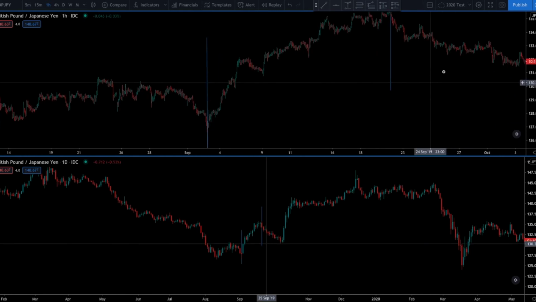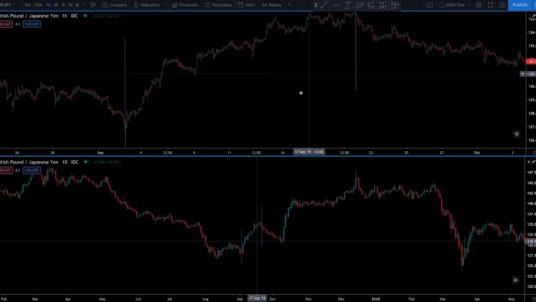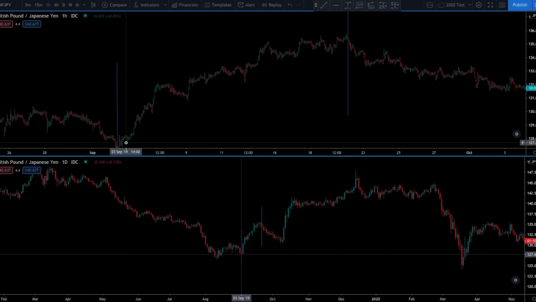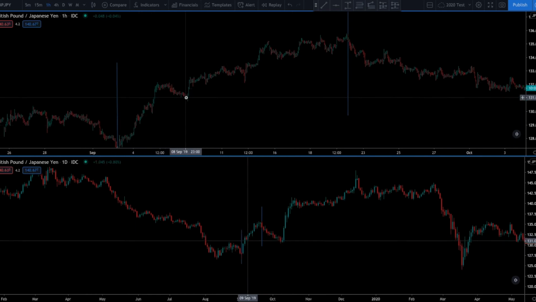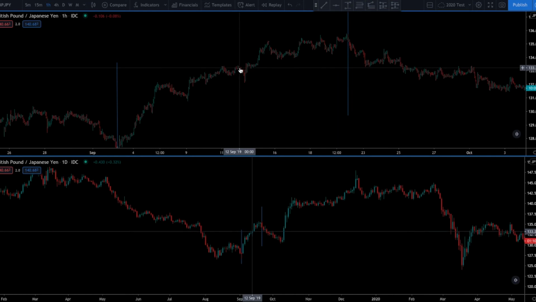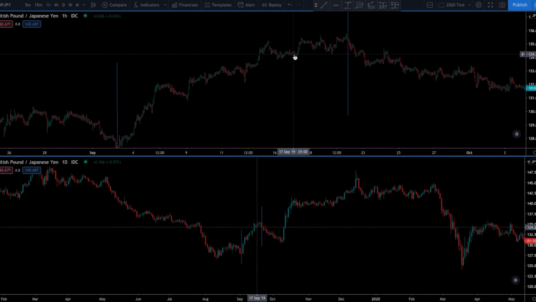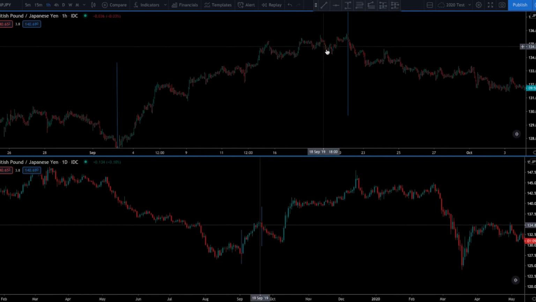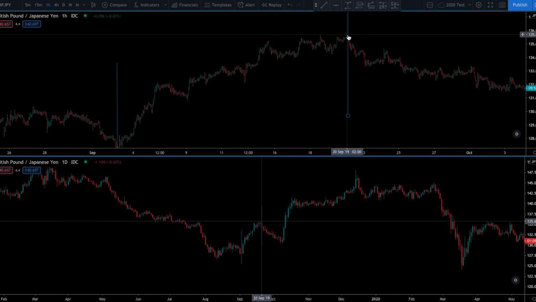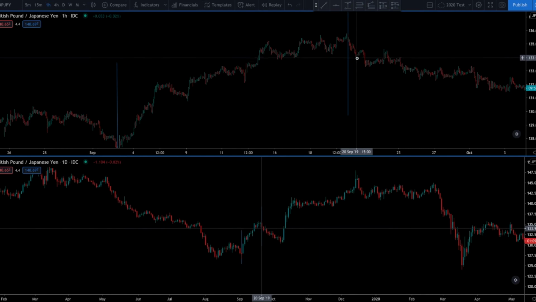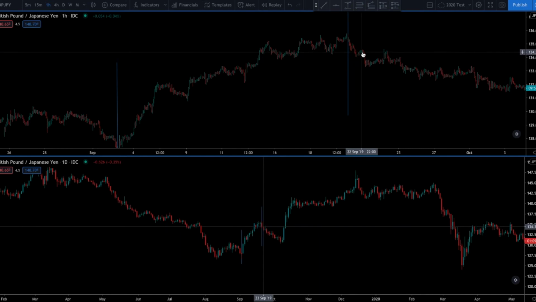So on this 1 hour chart, you can see it's making higher high, higher low, higher high, higher low, higher high, higher low, and then it just starts to consolidate and decelerate, and then boom, it starts to form a lower low, lower high.